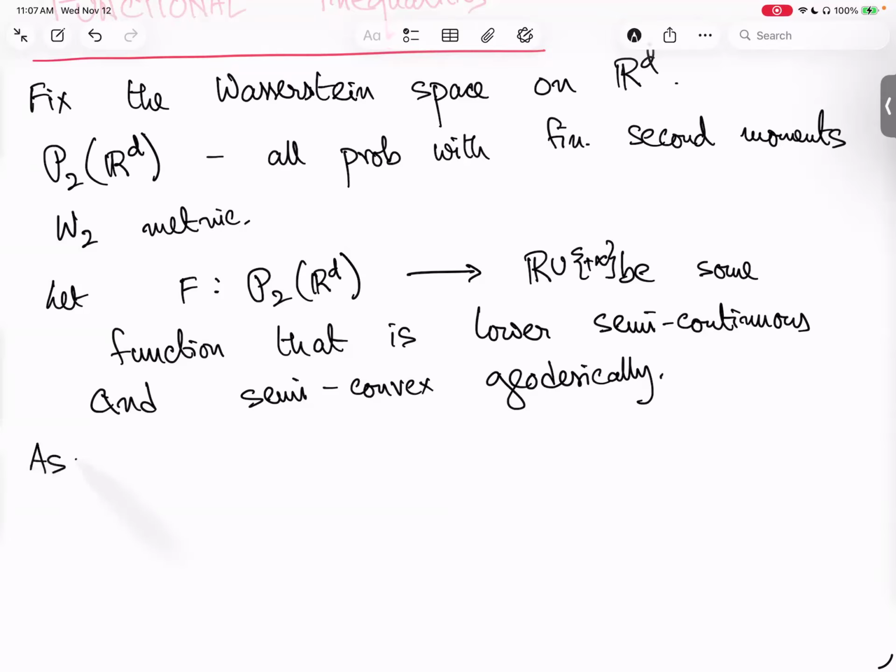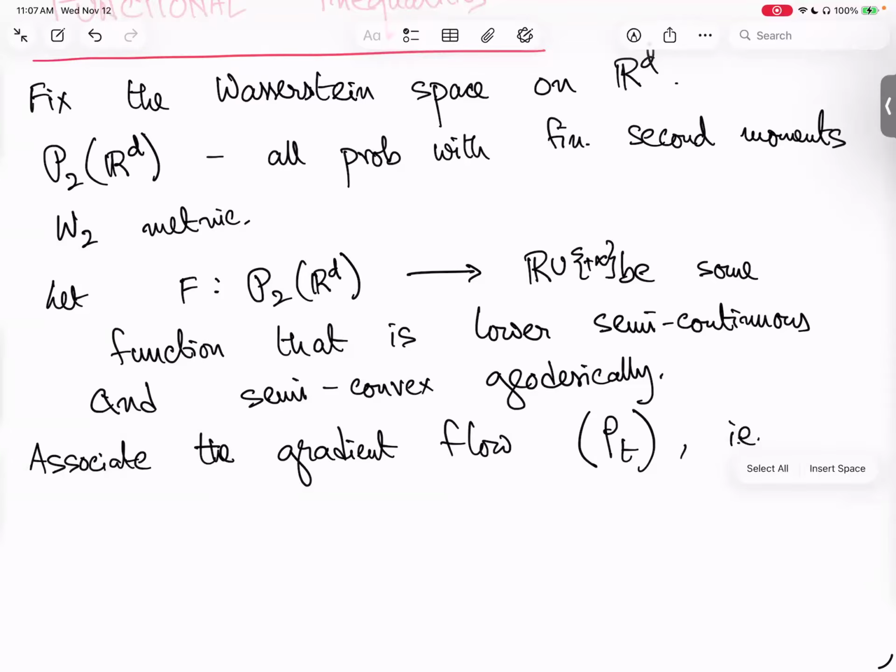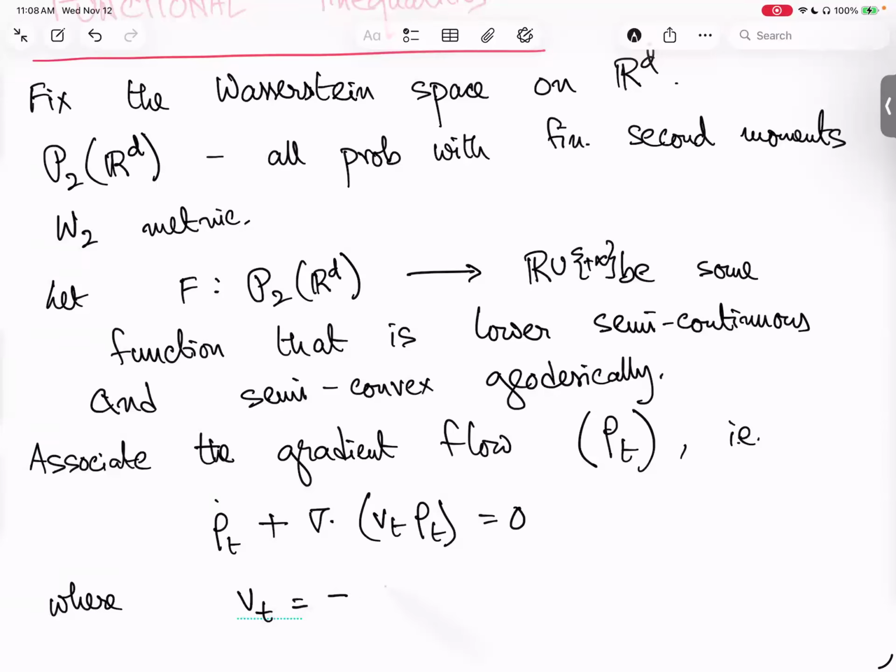Associate with this the gradient flow rho_t. The rho_t is the gradient flow of f, which means that rho_t satisfies the following: rho_t dot plus divergence of V_t rho_t is equal to 0, where V_t is the negative of the Wasserstein gradient of f at rho_t.